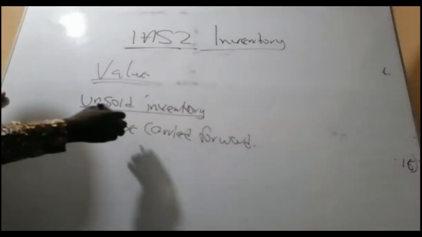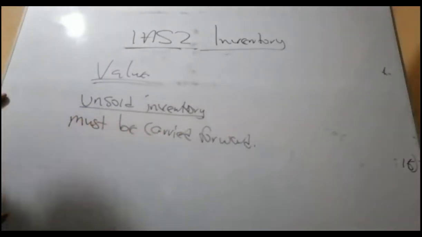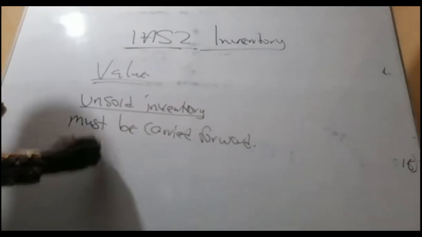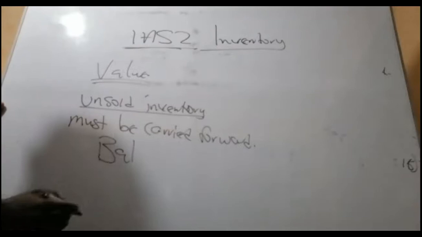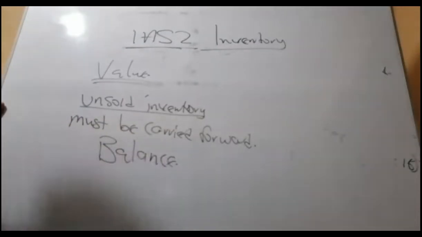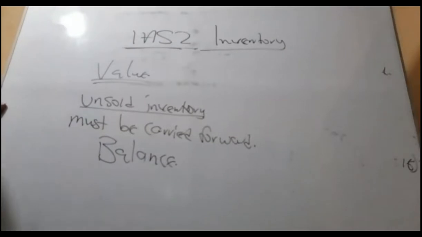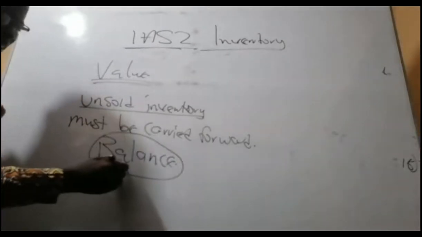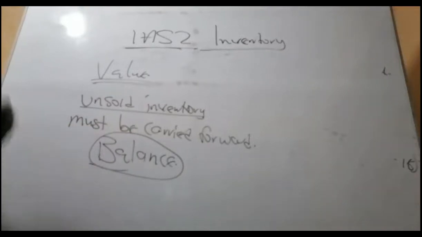Now, you carry it forward and record it on the balance sheet. Don't forget that the balance sheet, or the financial position, takes only balances. It does not take consumption. What you consume for the year will go to the profit and loss, the P&L. The statement of financial position records all the balances.